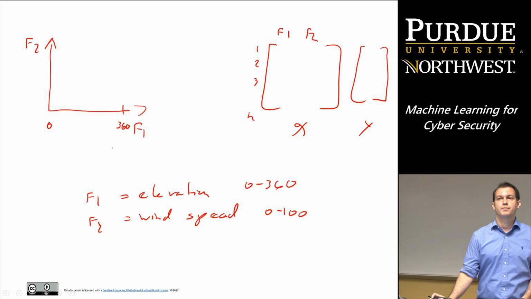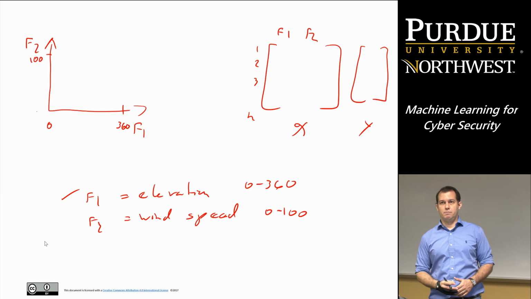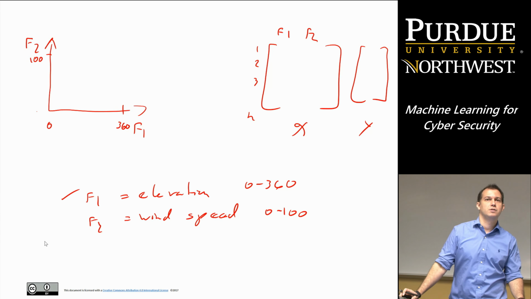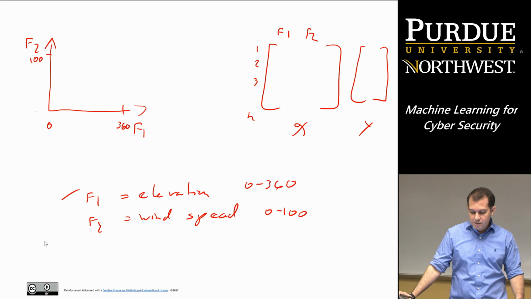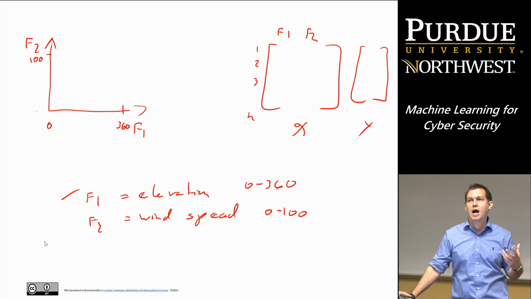And then the next one, wind speed, is f2. It goes from 0 to 100, right? That's what vectorizing this, or converting it into the vector space model, means: you take your data, however it is, and you plot it in a vector space.